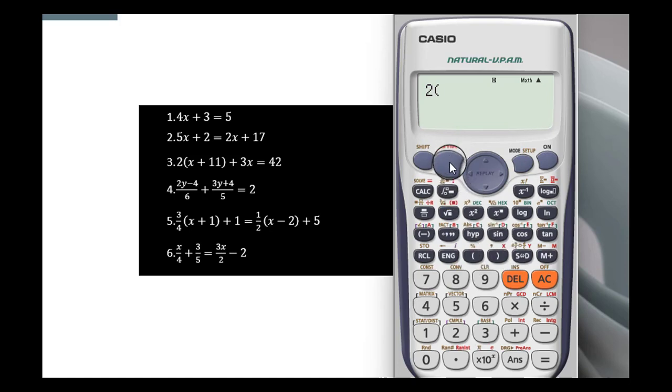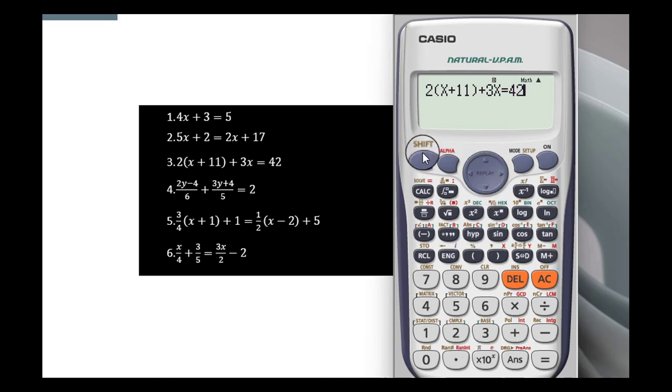You have to first of all press alpha, remember, alpha x, plus 11, then bracket close plus 3. The x is right here, so I press alpha x. Then my equal sign, alpha, and then the calculate key, and that will give my equal sign. Then I press 42.